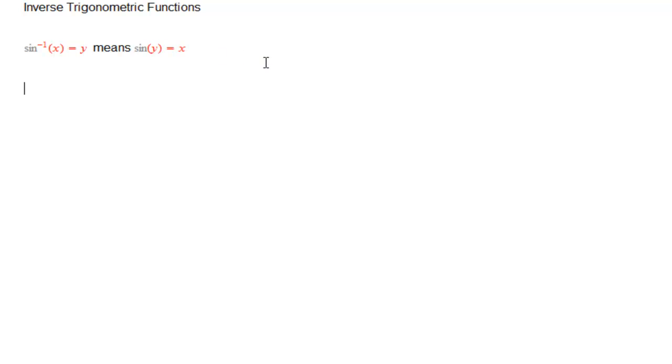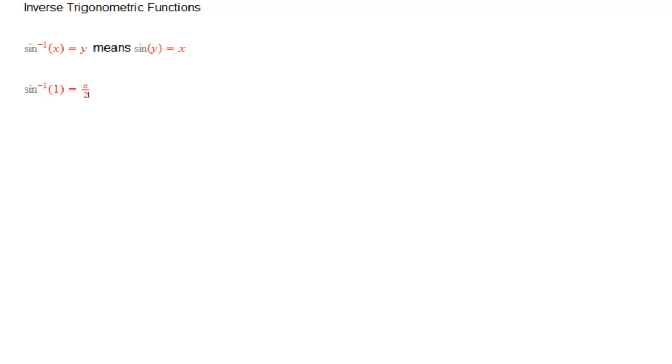So for example, if I wanted to have inverse sine of 1, that's going to be some number y so that sine of y is 1. Well, it turns out there's more than one possibility. The one that's probably most common for people to think of is pi over 2.